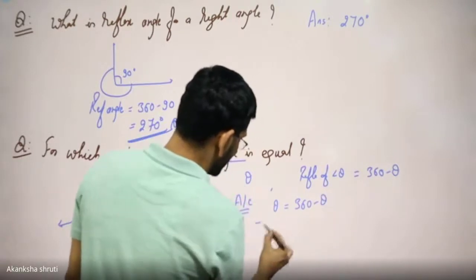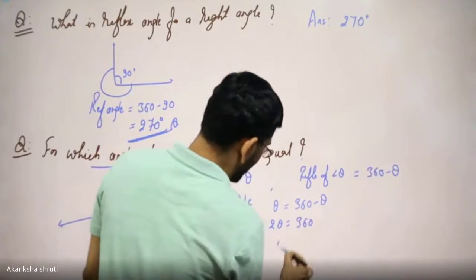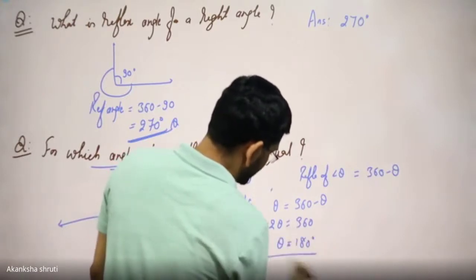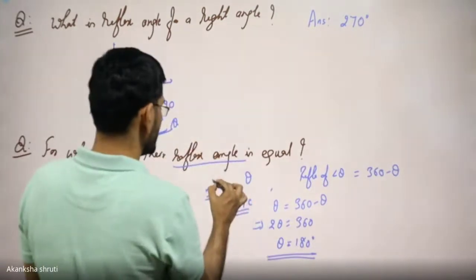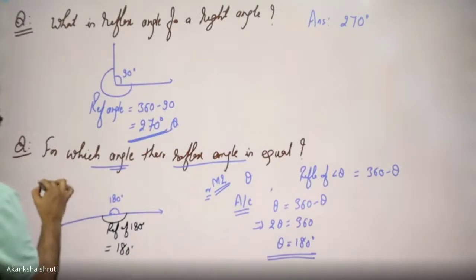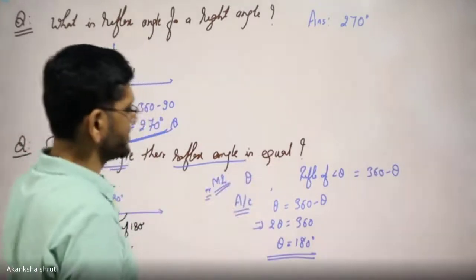Bringing theta to the left hand side, 2 theta is equal to 360 degrees. Dividing by 2, theta comes as 180 degrees. So this way we can understand this by drawing the figure or by considering it algebraically.